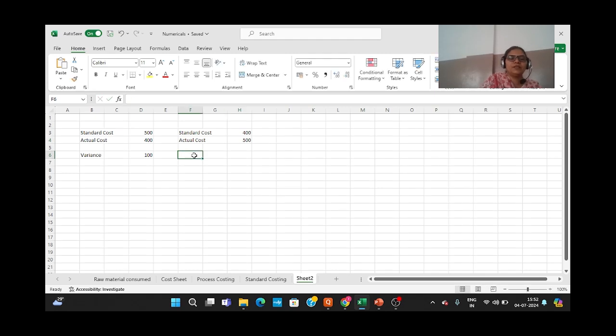So variance will be again 100, but in this case the situation is vice versa. This is a favorable variance and this is an unfavorable variance. So we basically write U when it is a case of unfavorable variance.